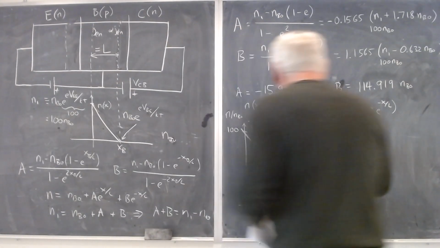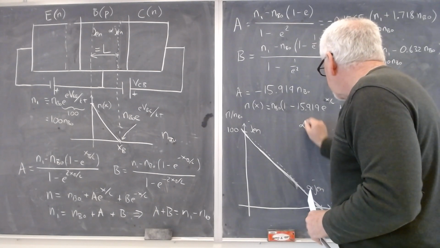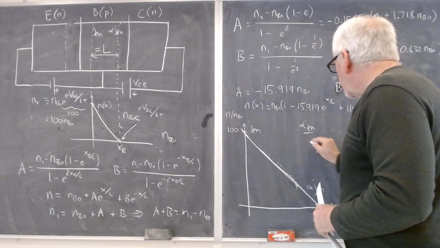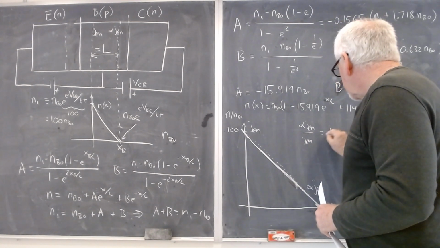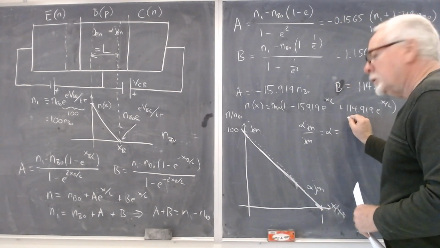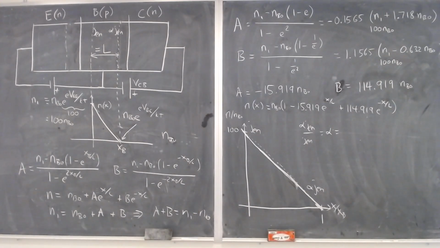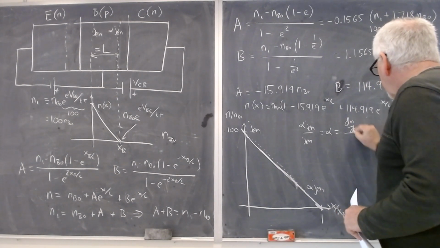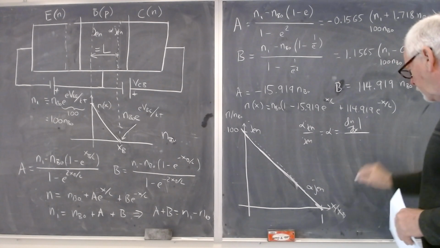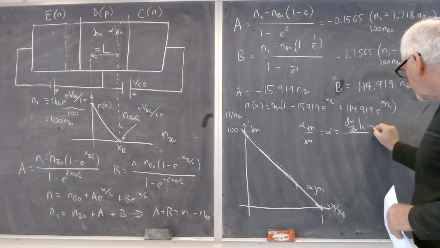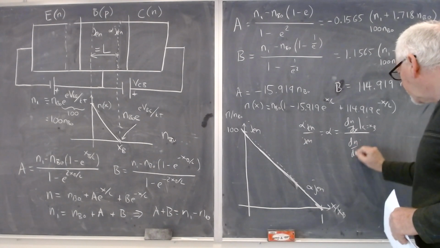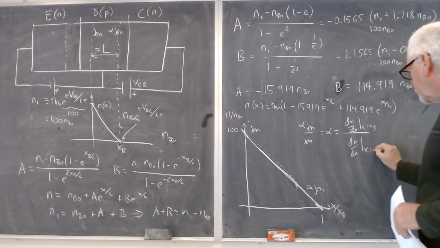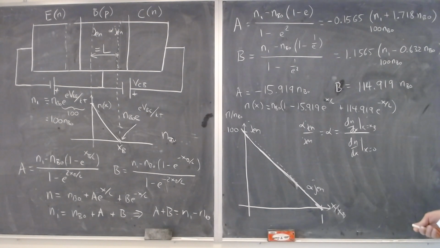So alpha JEN over JEN, which is alpha, is equal to dN dx evaluated at x equals xb over dN dx evaluated at x equals 0. So that's our base transport factor, alpha.